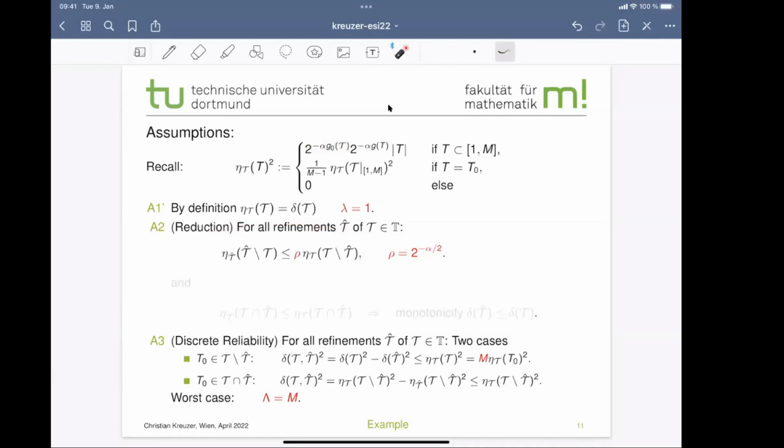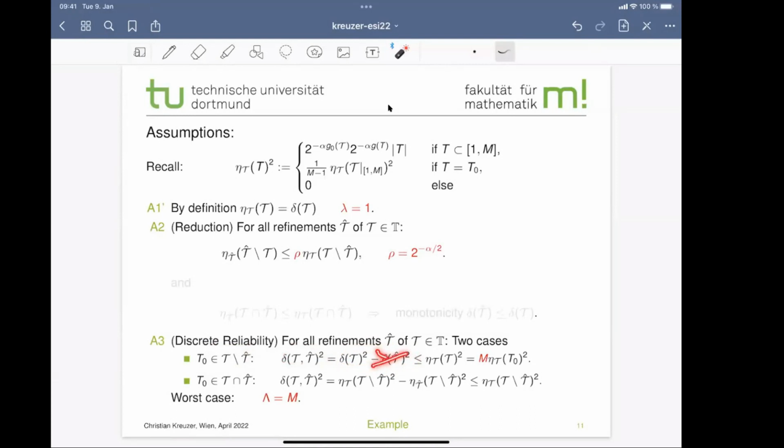So here we have two situations. First of all, we assume that T0 is refined. So T0 is in T and not in T hat. So that means it is refined. You write down this discrete error between the two meshes. You can just write it like this.